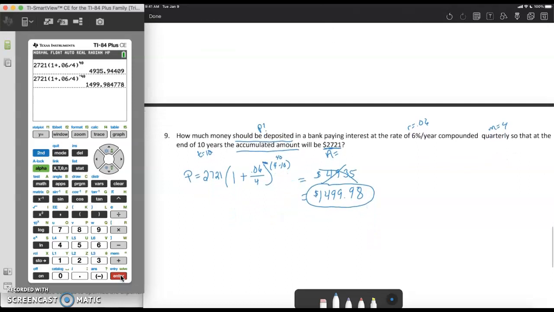So again, if you wanted to on this one though, there's nothing wrong with using this version of the formula, as long as you put everything where it goes. So if you put in the 2721 over here, leave this blank, you put in the rate over M, and this one is positive.